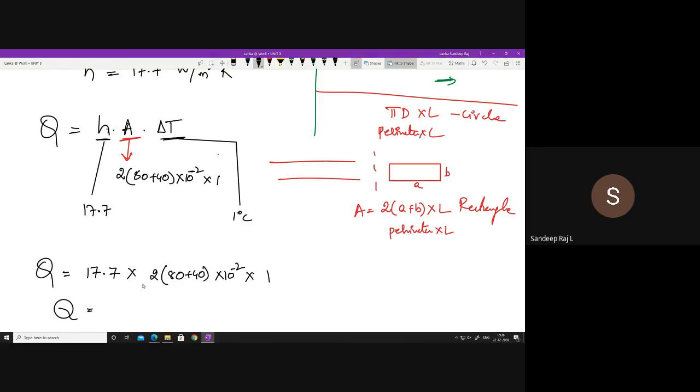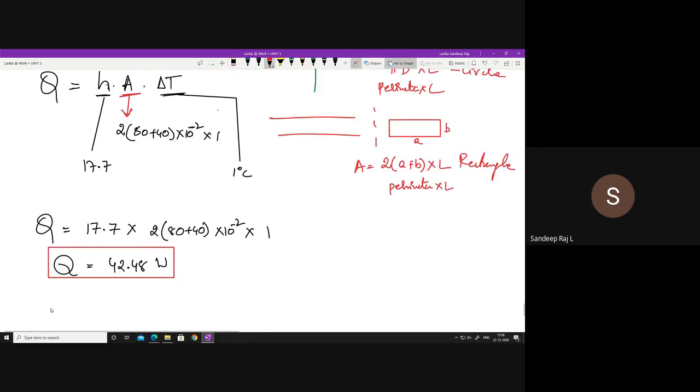Are you sure? 42.48. 42.48 is the right answer. You cannot tell the doubled answer. If you tell the doubled answer, somewhere you have made a mistake, a 2 or by 2 you have missed in the question. Right.